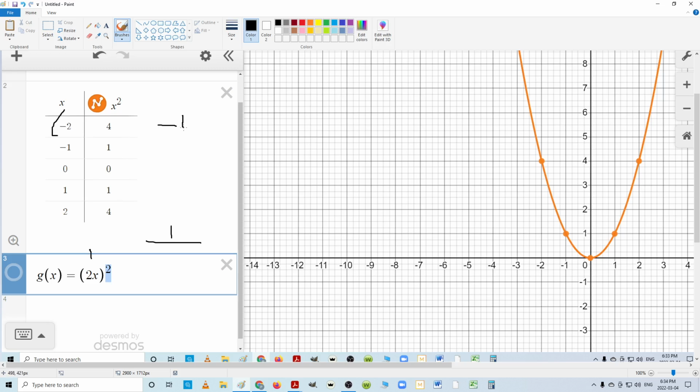I get minus 4, comma 4, minus 2, comma 1, 0, comma 0. So my vertex isn't going to change. But keep in mind it's going to be a half, 1/2 x.